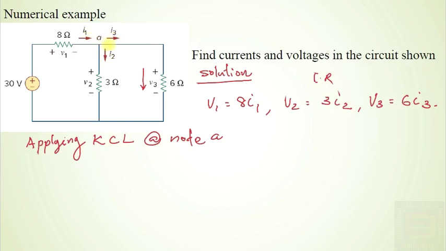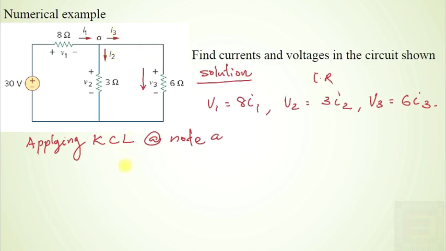Kirchhoff's current law states that the algebraic sum of the currents meeting at a node is equal to 0. So algebraically, we assign positive sign to I1 and negative sign to I3 and I2, because I1 is flowing into the node and I3 and I2 are flowing out of the node.